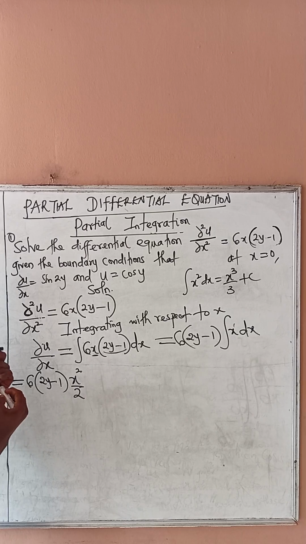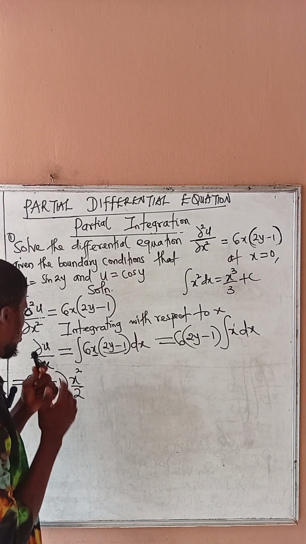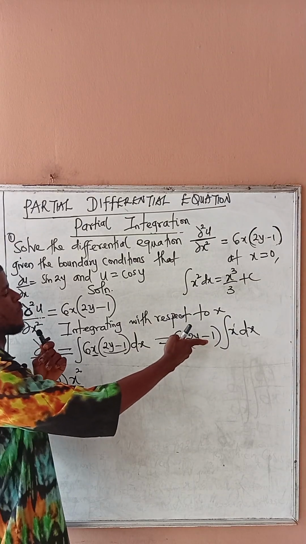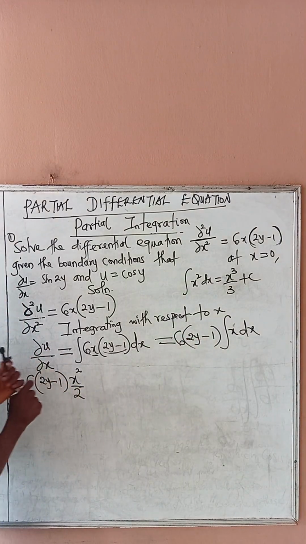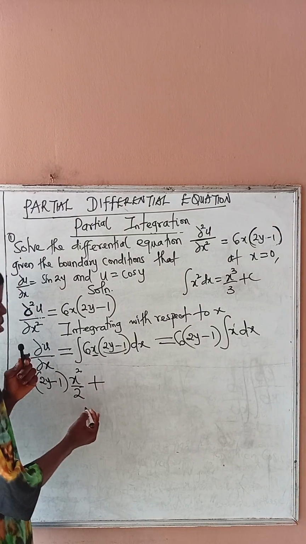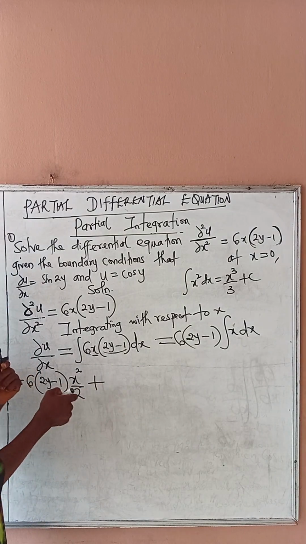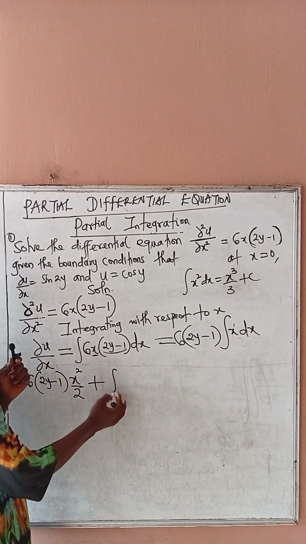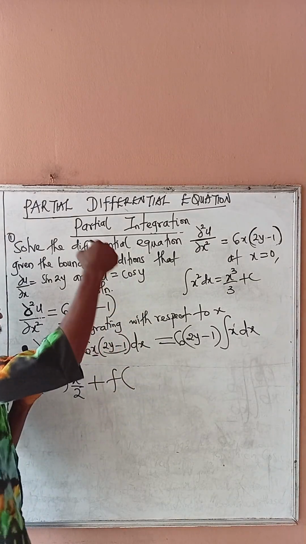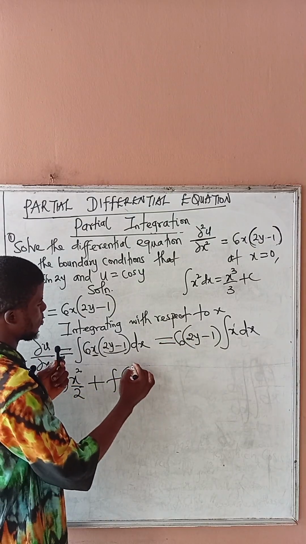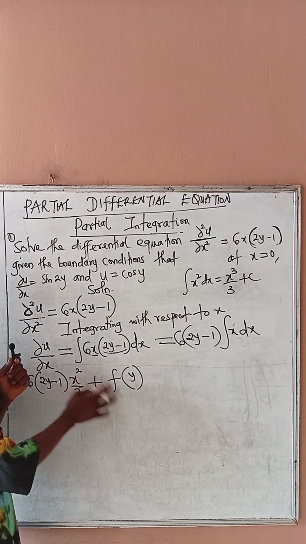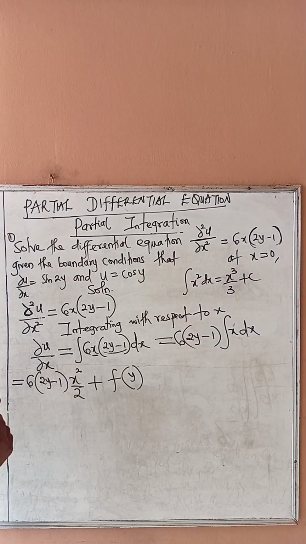We're integrating with respect to x, and we consider the other variable y as a constant. So I am going to add a function which will serve as the constant of integration in this case. Again, the function will be a function of y. It could be f of y, it could be g of y, it could be anything, but whatever it is, it must be a function of y.